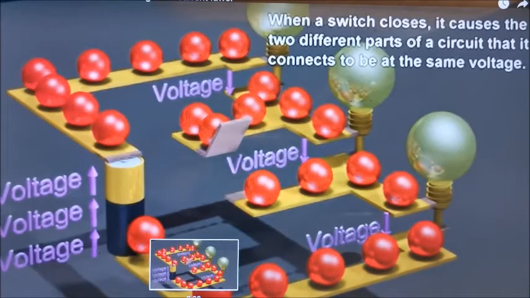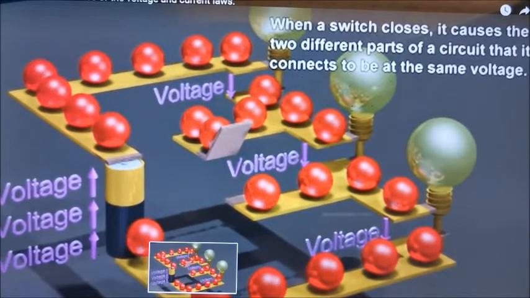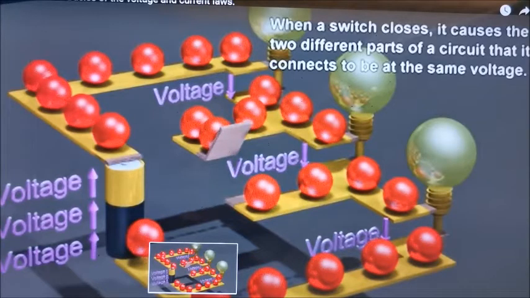Voltage is the force that pushes the electrical charges around the circuit. When you have a lower voltage, of course the flow of electrical charges slows down. That means you will have a lower current.